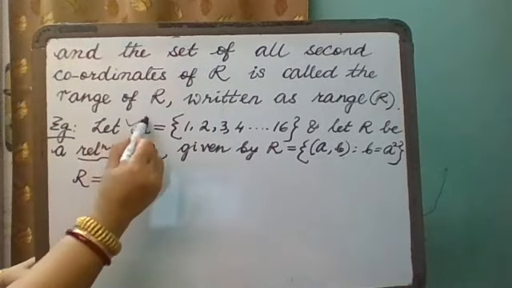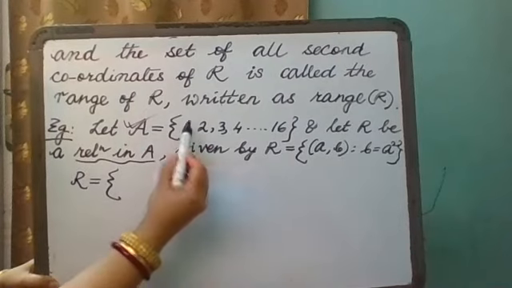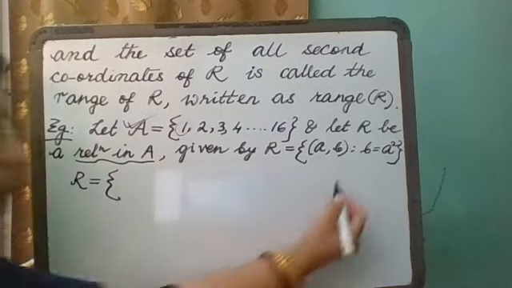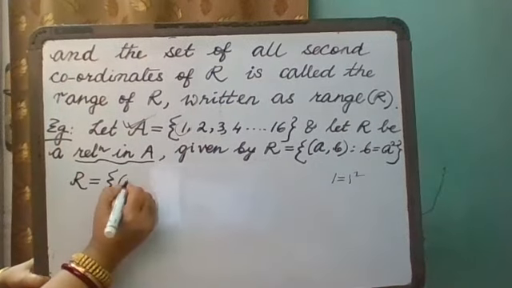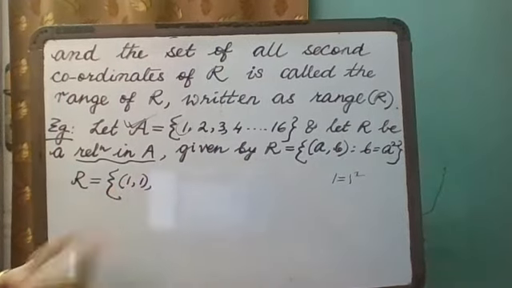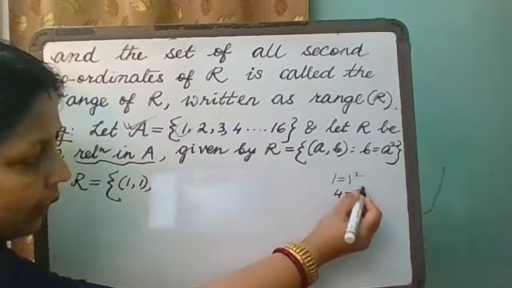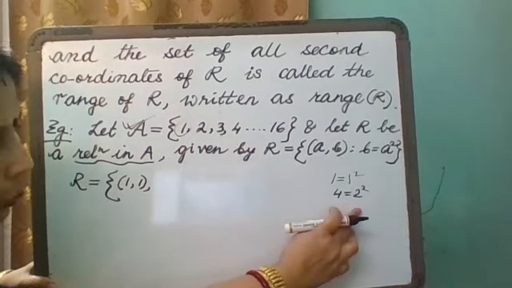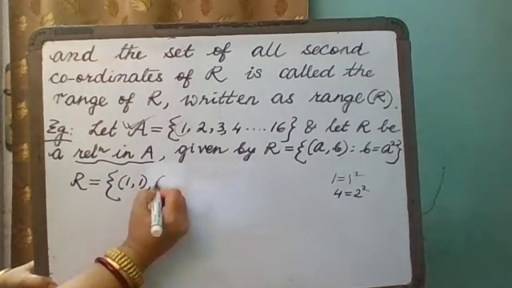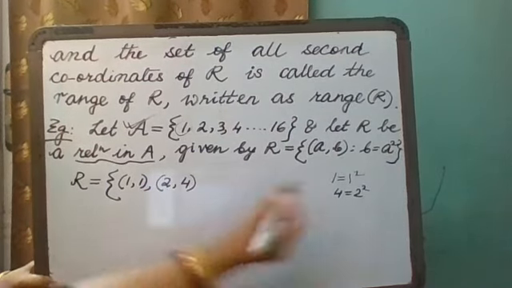Now from set A, find out. 1 equals 1 square, so my first ordered pair will be (1, 1). Next, 4 equals 2 square, so my second ordered pair will be (2, 4), not (4, 2).